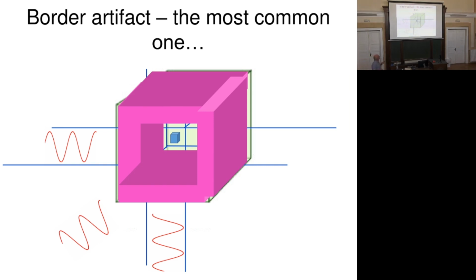We spoke here about border artifacts. Well, this is a very interesting thing. There are papers about this, but basically what's happening here, why we have on the border some strange signal, is that we are choosing some volume of interest, but in fact there might be some signal from around, we cannot avoid this.